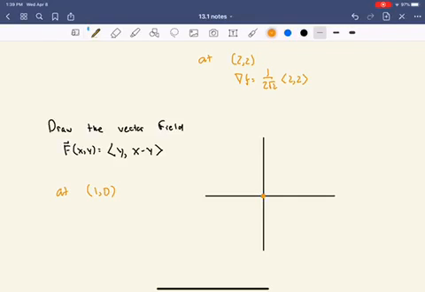The book makes it boldface. So at (1, 0), it's going to be (0, 1). Actually, x minus y is going to be +1. So what's happening at (1, 0)? Your vector field is pointing up.